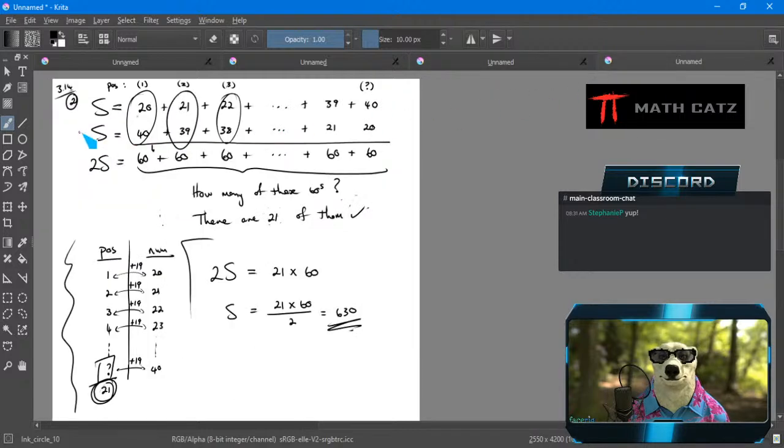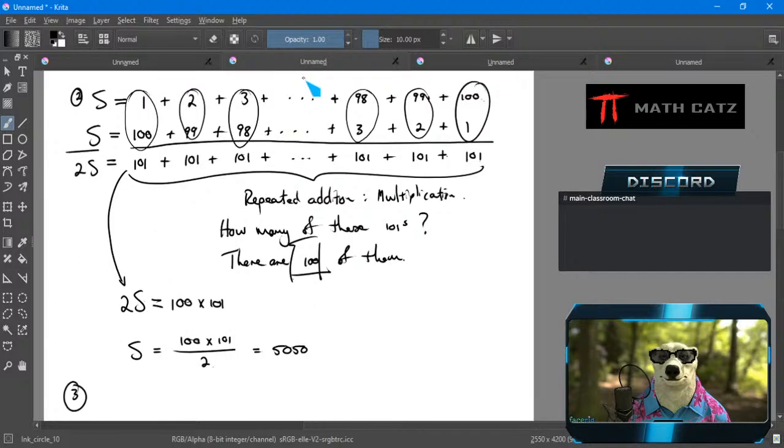And the second one, where it didn't start at an obvious starting point, but still had a clear pattern. And every time our strategy of doubling up the sum in a clever way worked, and it just takes some practice to be sure about how many of those terms there are. Sometimes it's a little less obvious. You just have to think carefully.